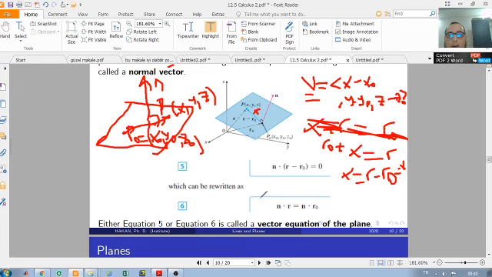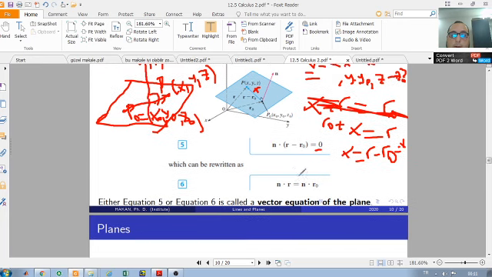Now, n is orthogonal to the plane, which means it is also orthogonal to every vector on the plane. Therefore, the inner product of the vectors x or v and the normal vector is equal to 0, since they are orthogonal.